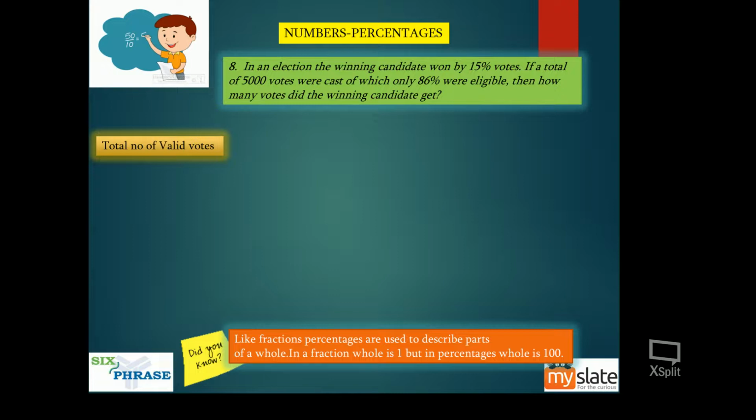Now this is 40, 60. Can you guys tell me what is the increase percentage? This is the number of votes I got. This is the number of votes you got. Is 40 to 60 increase or decrease?